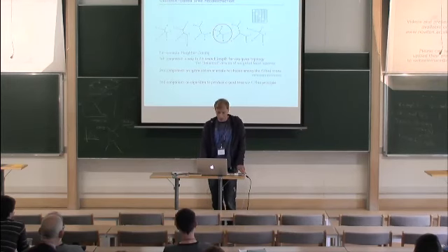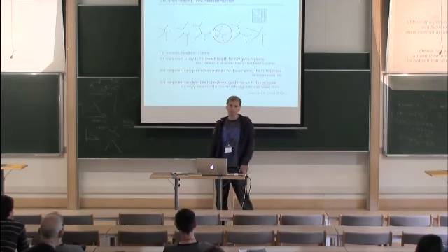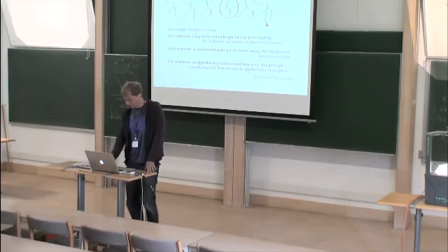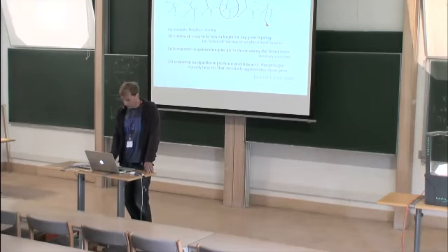The optimization principle is minimum evolution, so neighbor joining favors short trees. And the algorithm, what everyone knows as neighbor joining, is a heuristic that chooses at each step a pair of taxa to join based on the optimization principle that has been chosen. Okay, for more information you can look at this paper, a very nice one.